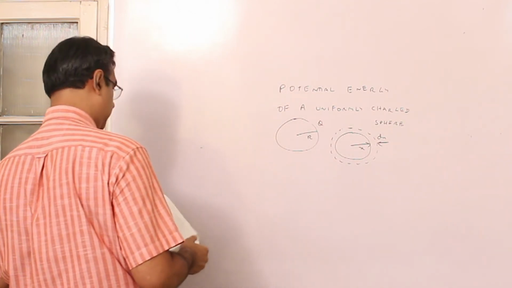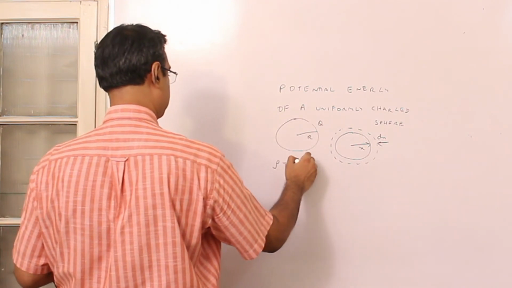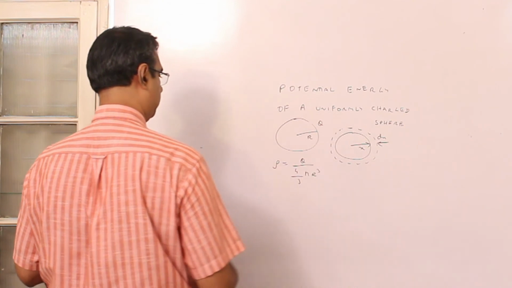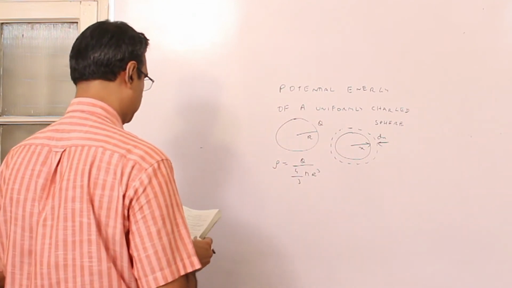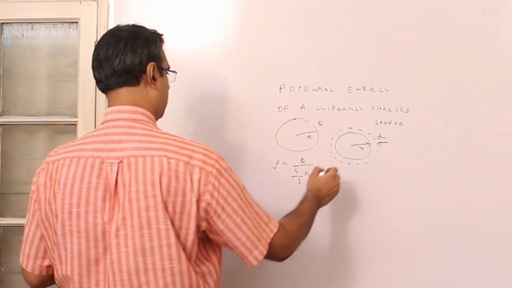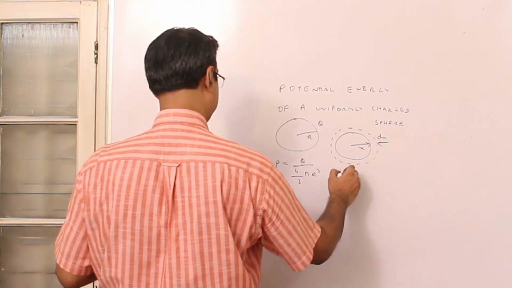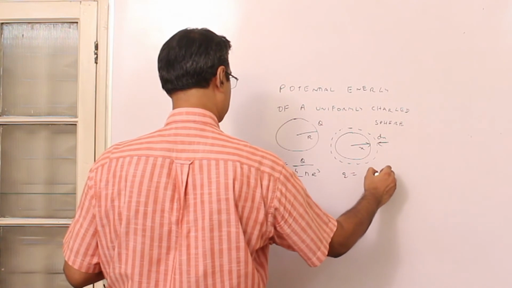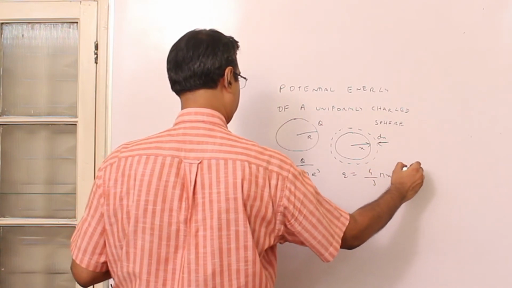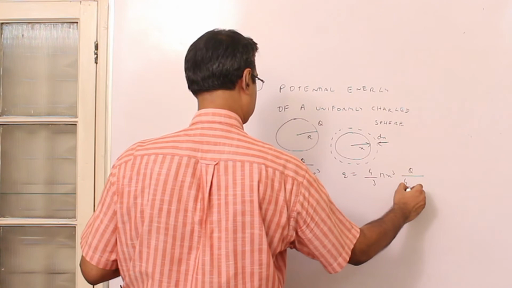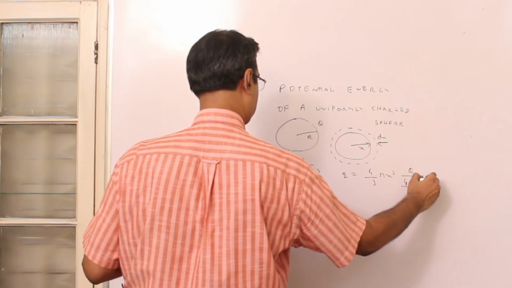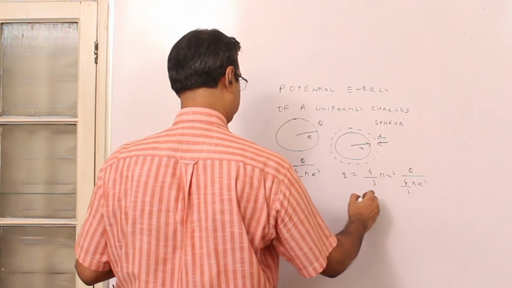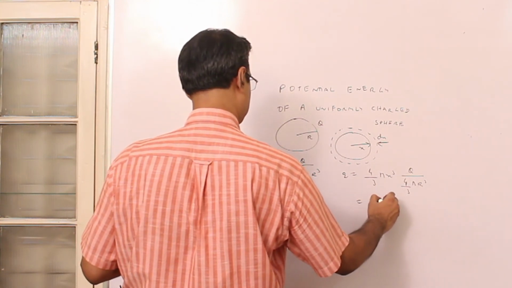Now the thing is, the charge density of the sphere is q by 4/3 pi r cube, that is charge per unit volume. So that means, in this particular diagram, the enclosed charge will be 4/3 pi x cube into q by 4/3 pi r cube.